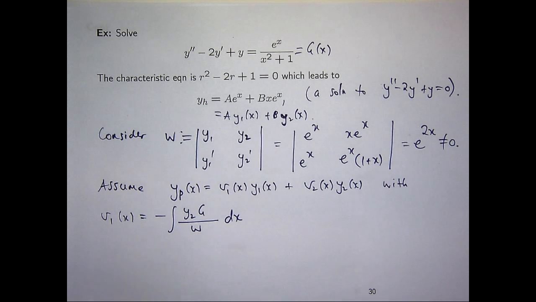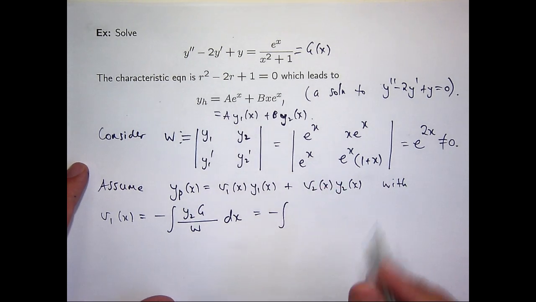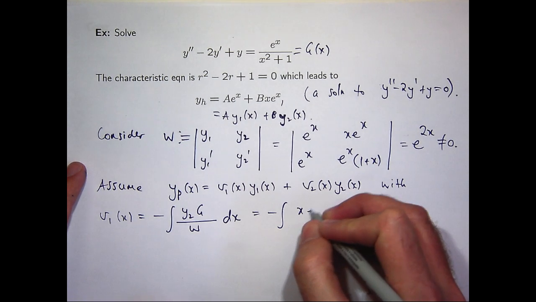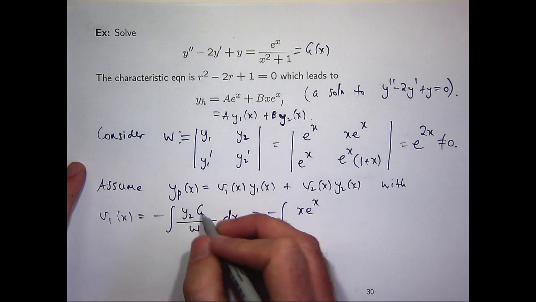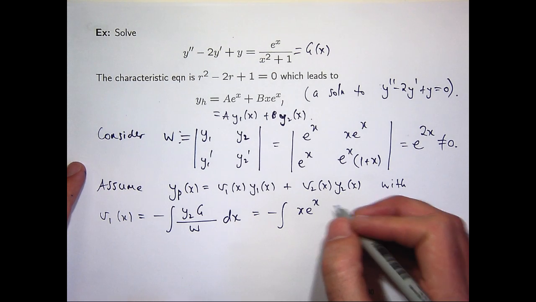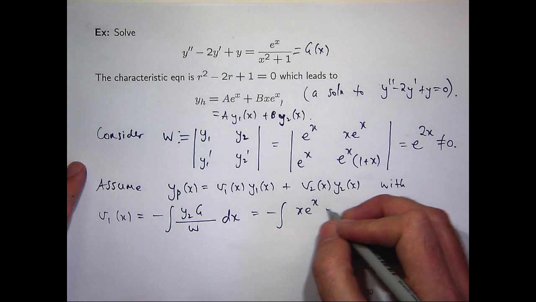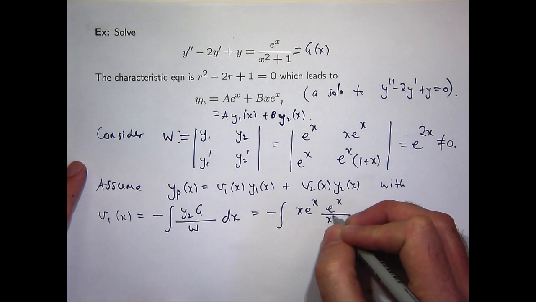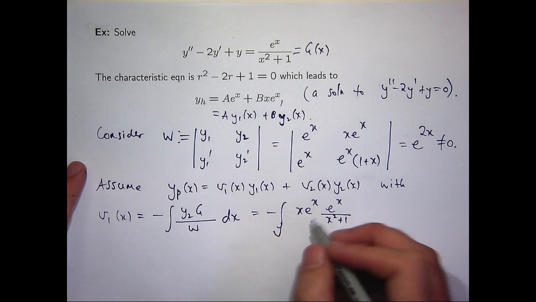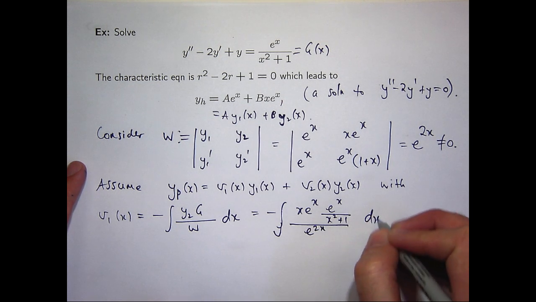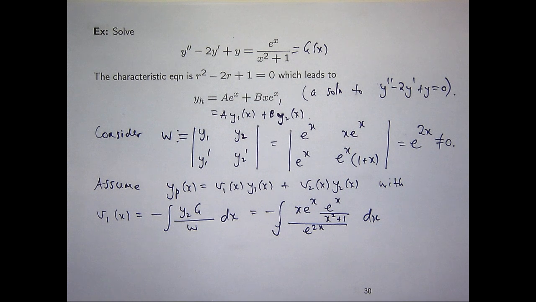So y sub 2 is x e to the x, g is e to the x over x squared plus 1, and W is e to the 2x. Now that looks a little bit messy, but I can cancel off the exponentials in that setup.